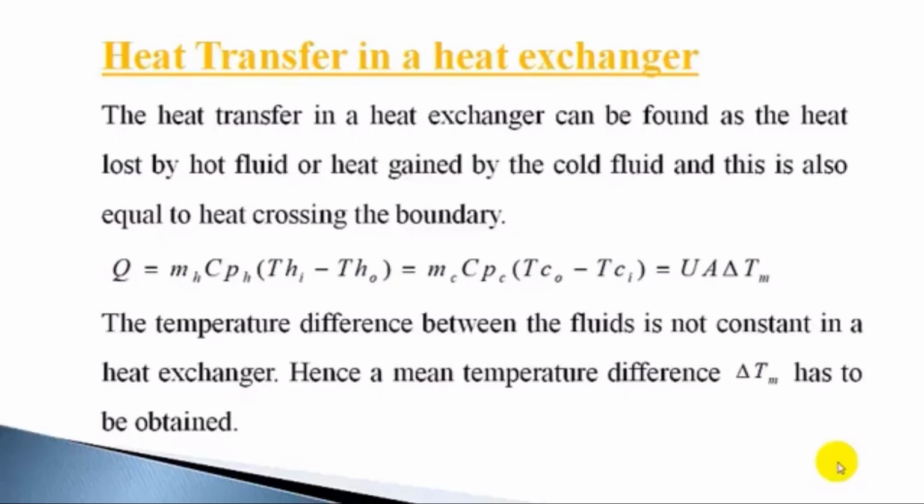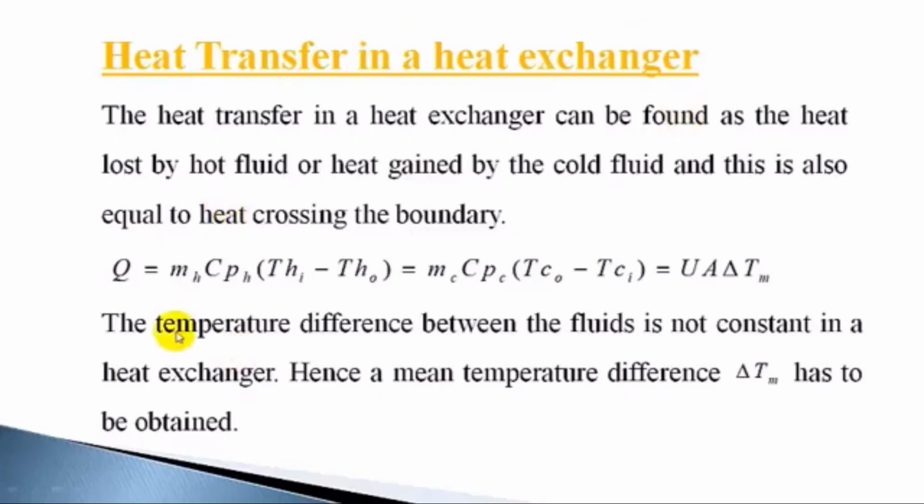In an ideal heat exchanger, the heat lost by the hot fluid is equal to the heat gained by the cold fluid, and it's also equal to the heat transfer over the surface. Heat is transferring through a separating wall, and the heat flowing through the separating wall is also equal to the heat lost by the hot fluid or heat gained by the cold fluid.